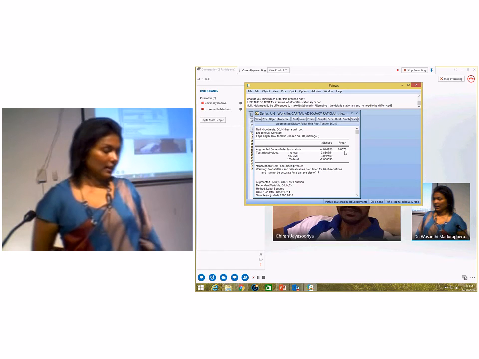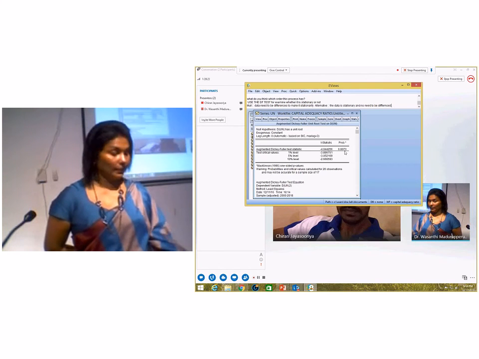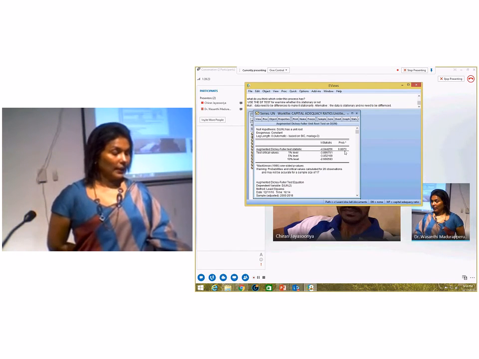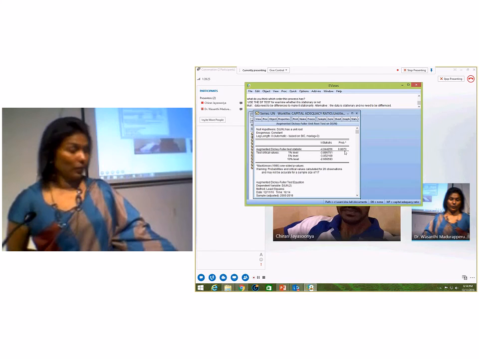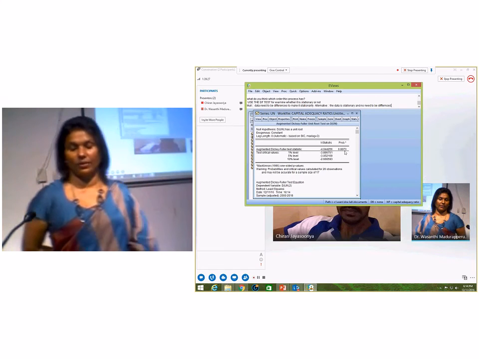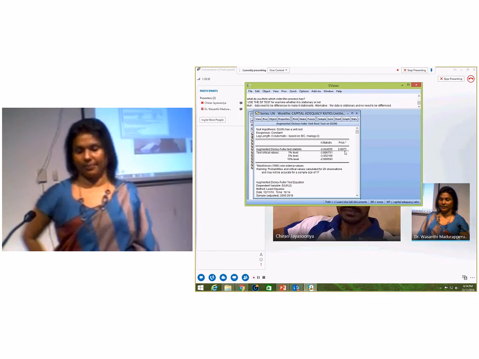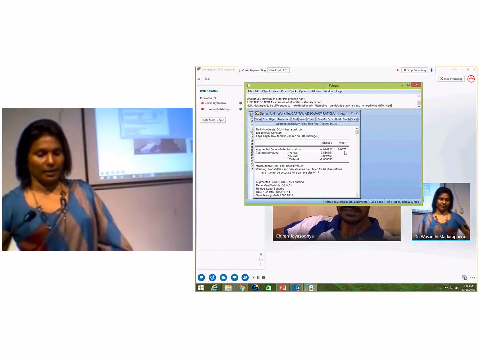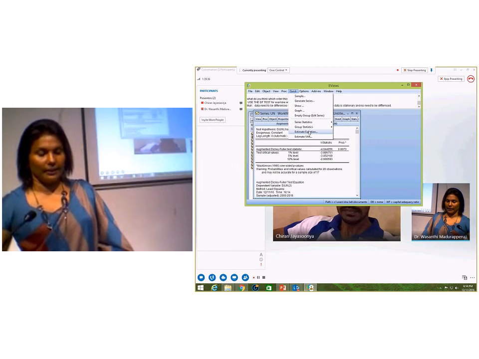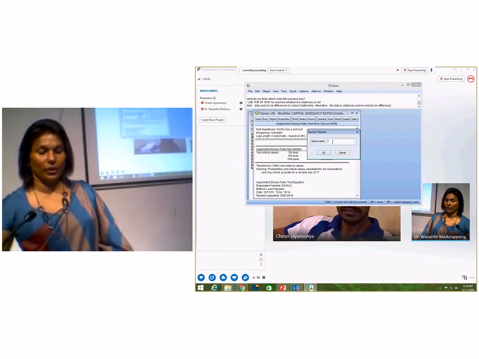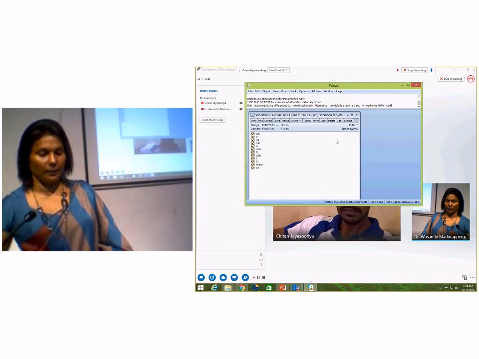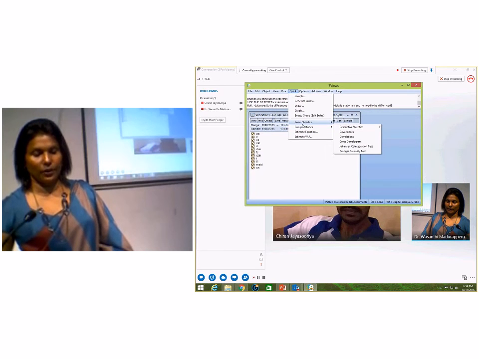Then we confirm that the data needs no more differencing. The first difference variables are stationary. Right, then select another variable. All the variables which you consider in the model. Go to Quick, Series Statistics, Unit Root Test.